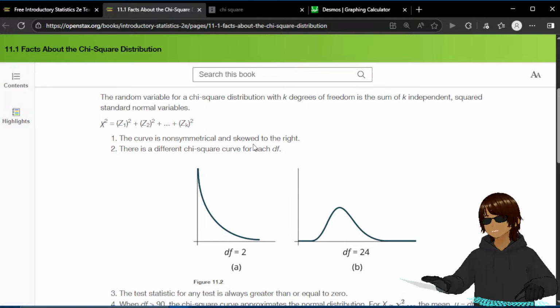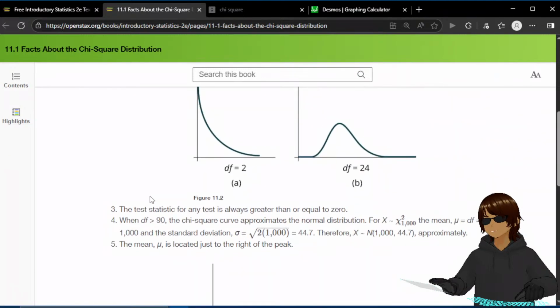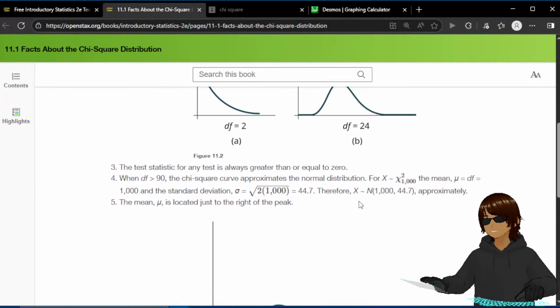The curve is non-symmetric and skewed to the right. There is a different chi-square curve for each df. The test statistic for any test is always greater than or equal to 0. When df is more than 90, the chi-square curve approximates the normal distribution.